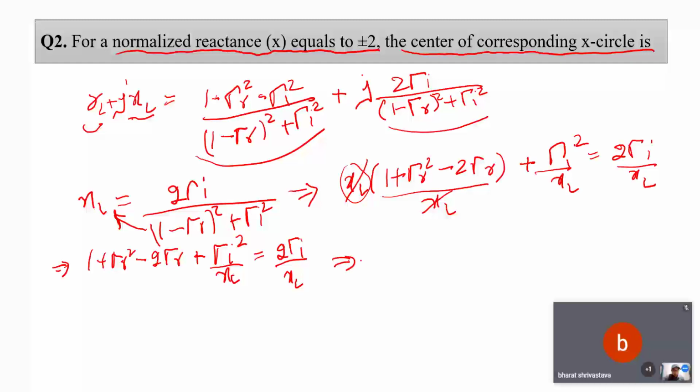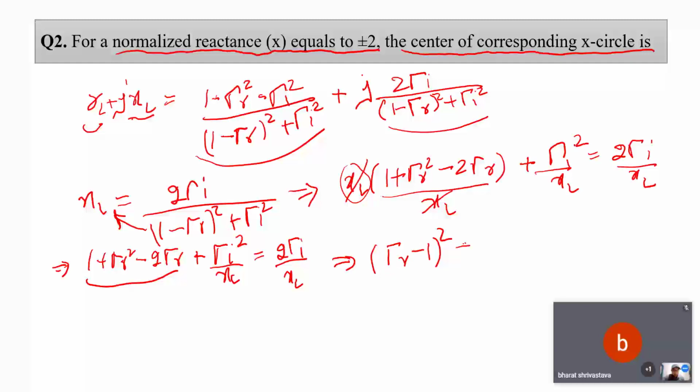Here you can also write this term as (gamma r minus 1) square, because minus 1 can be taken common and the square of minus 1 is 1, so it will not change.